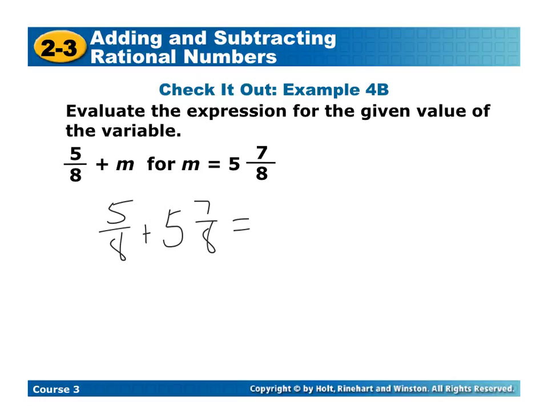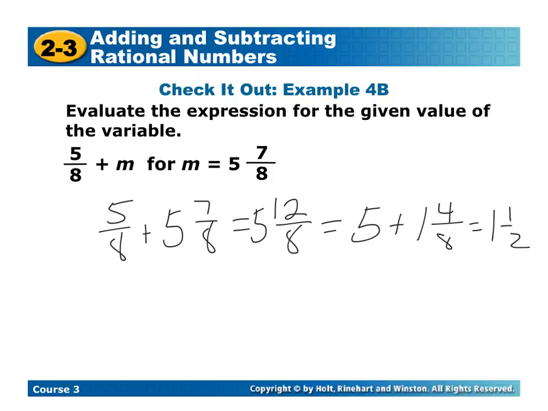So we're going to add 5 plus 7 is 12/8. 5 plus 0 is 5. 12/8, however, is the same as, we could say 1 plus 1 and 4/8. But that would be the same as 1 1/2. So here we would end up with 6 1/2 as our final total.